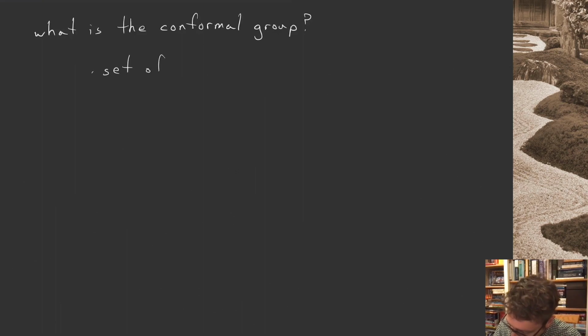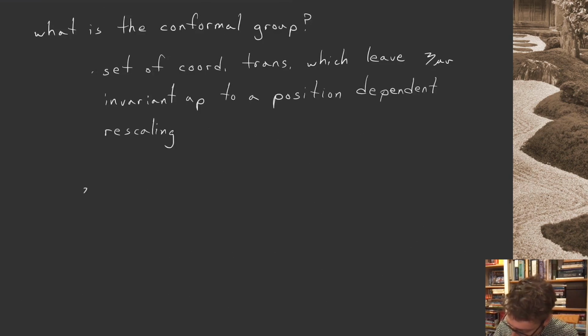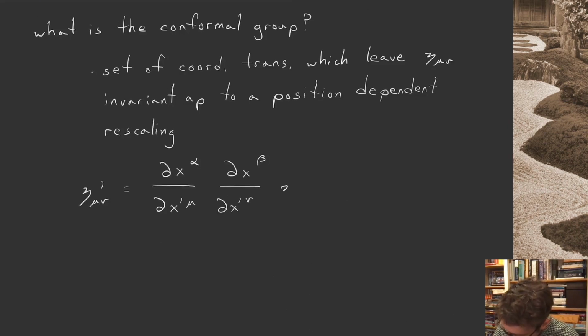It's the set of coordinate transformations which leave the Minkowski tensor, or more generally a metric, invariant up to a position-dependent rescaling. So I have my new Minkowski tensor, and I use my rule for how to implement diffeomorphisms. I can write it in terms of the old one as some derivatives with respect to my coordinate transformation times my old one, contracted with my old one.